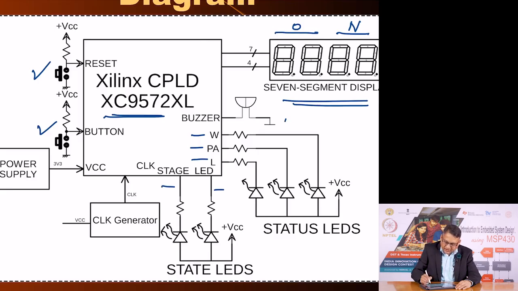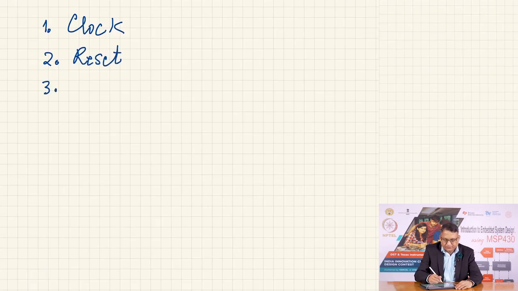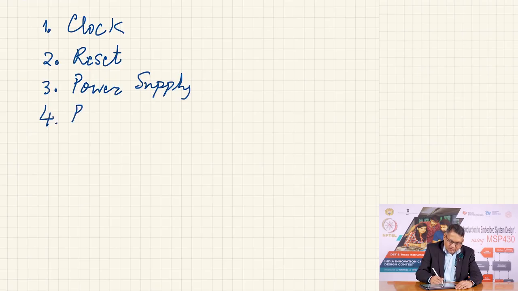two LEDs which are stage 1 and stage 2, and a buzzer. Now, exactly like we talked about the ecosystem for a microcontroller, and we mentioned 4 elements of the ecosystem, namely 1 was clock, 2 was reset, 3 was power supply, and 4 was program download capability.